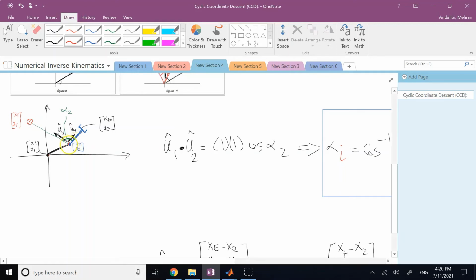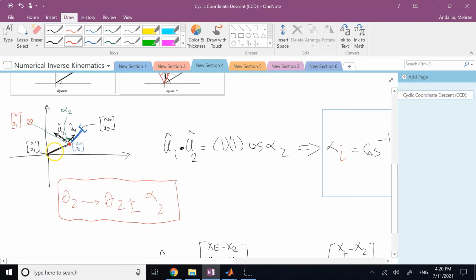The location of the points after joint 2 will change. If I'm changing theta 2 by a value of alpha 2, theta 2 becomes theta 2 plus alpha 2, or in some cases minus alpha 2, depending on whether alpha 2 is positive or not. You need to look at the scenario, okay? Whether you need a positive or negative. But when you change your theta 2 like this, the location of joint 2 and joint 1 you don't need to update.